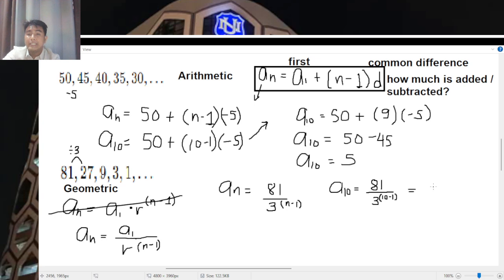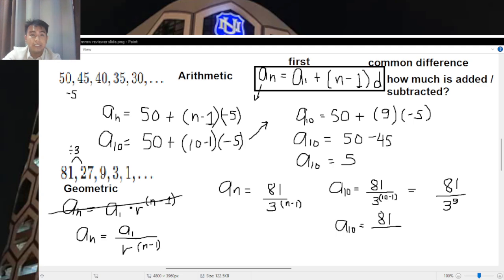So of course, that would become 81 divided by 3 raised to 9. And if you remember, 3 raised to 9 was answered earlier, right? So I'm going to write it in here. A sub 10 would be equal to 81 divided by, if you would do that in a calculator, 9 pieces of 3 multiplied by each other.